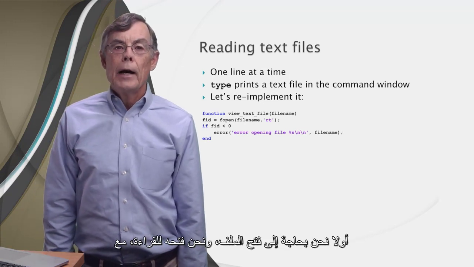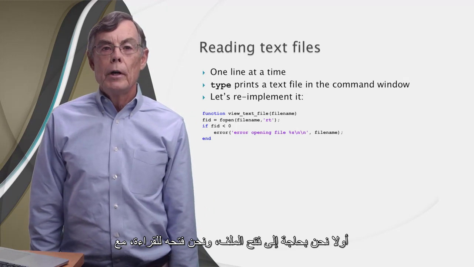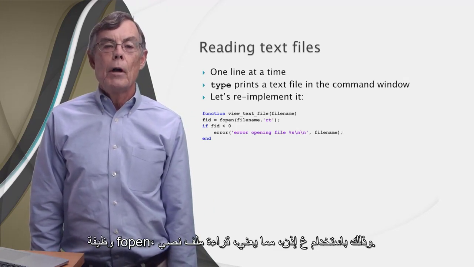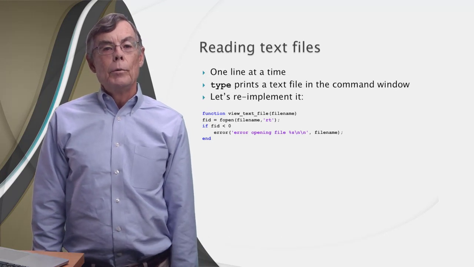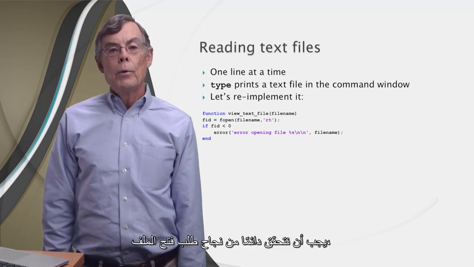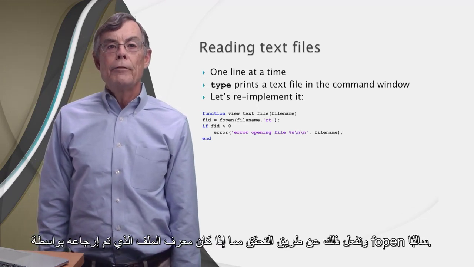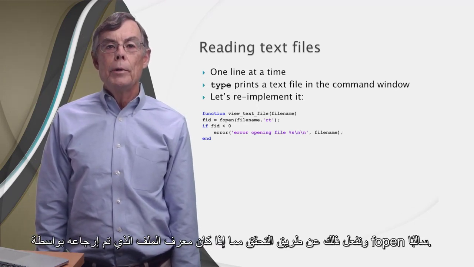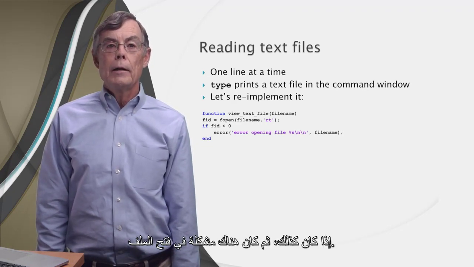First, we need to open the file, and we open it for reading with the fopen function using a permission 'rt', which means read text file. We should always check that the file open request was successful, and we do that by checking whether the file identifier returned by fopen is negative. If it is, then there was a problem opening the file.